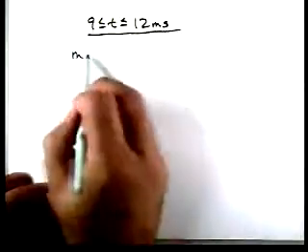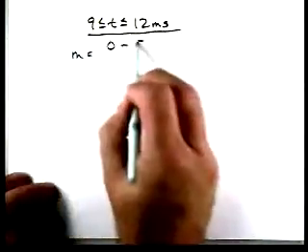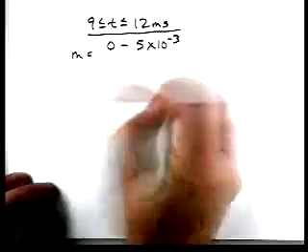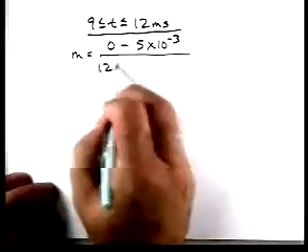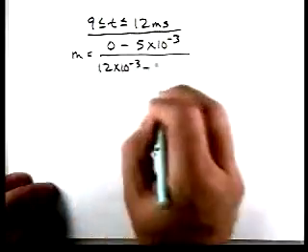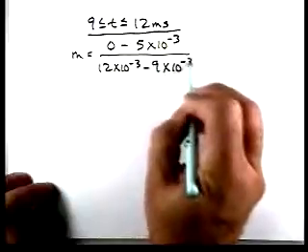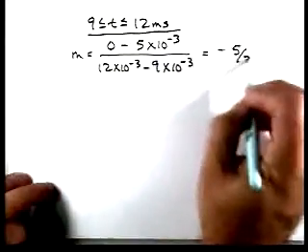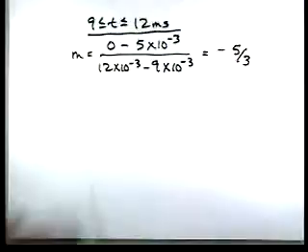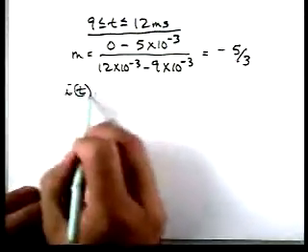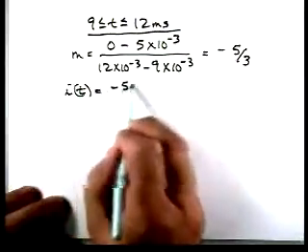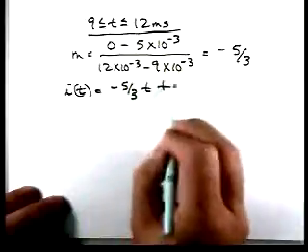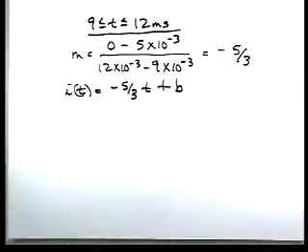So our slope, we wind up at 0, and our slope is minus 5/3. Again, we have to find the y-intercept. Our straight line is minus 5/3 t plus b.